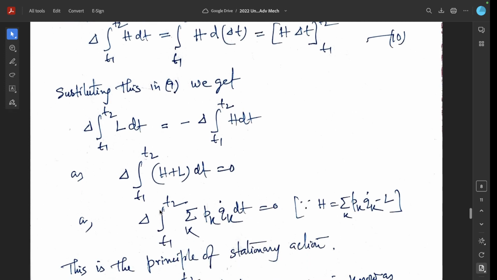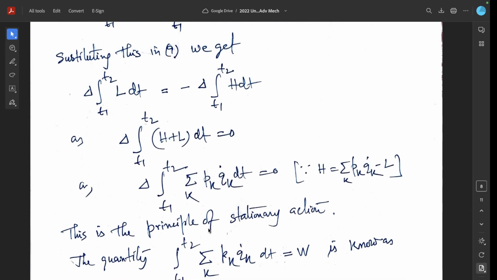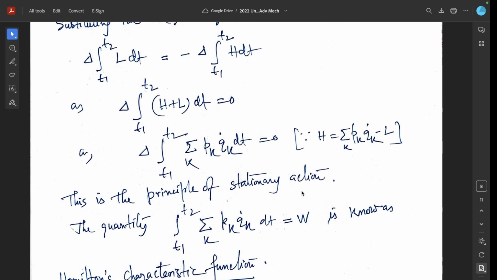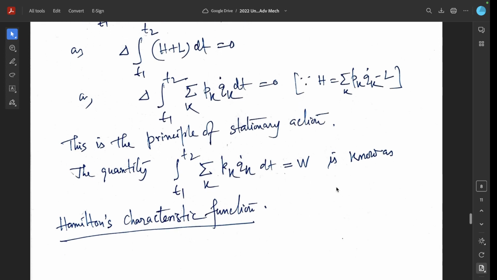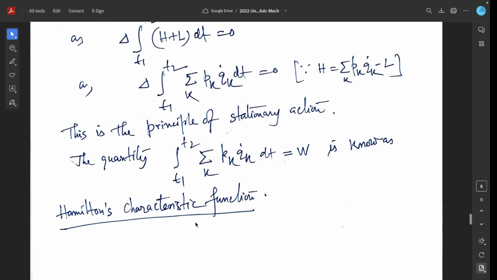So we get Δ∫ (H plus L) dt equal to 0. So δ∫ from t1 to t2 of Σ_k p_k q̇_k dt equals 0, because H = Σ p_k q̇_k − L. And this is the principle of stationary action. The quantity ∫ from t1 to t2 of Σ_k p_k q̇_k dt, equal to W, is known as Hamilton's characteristic function.